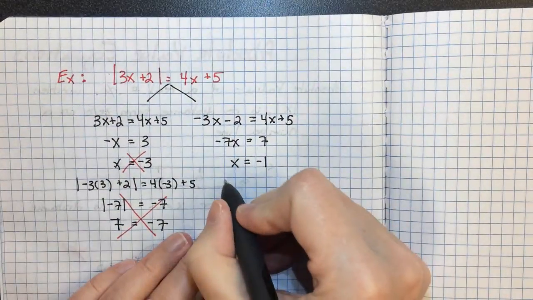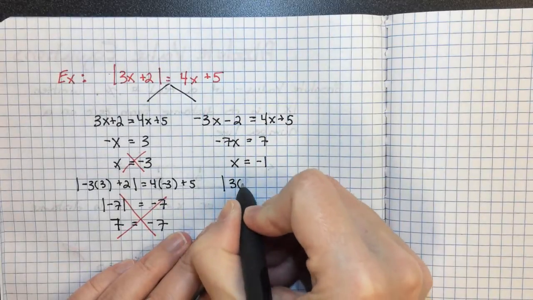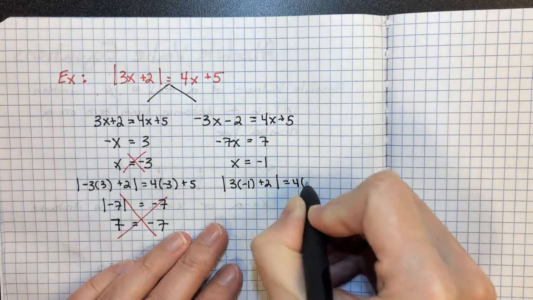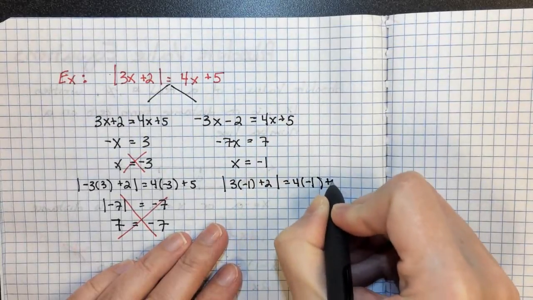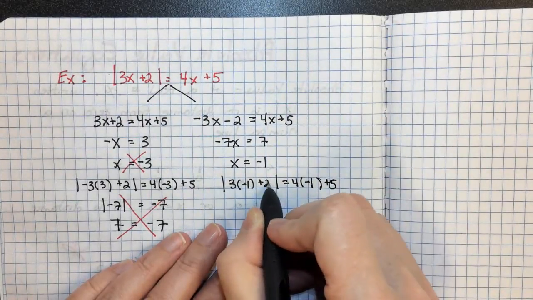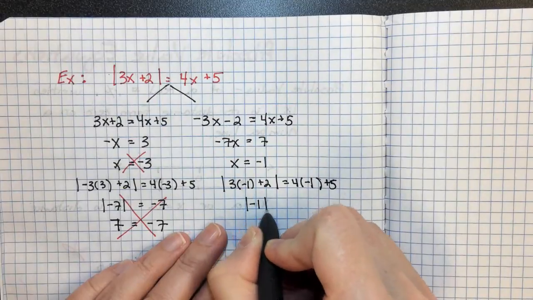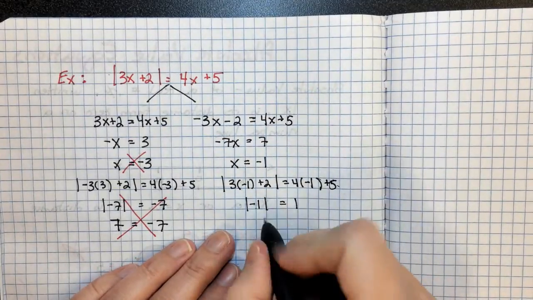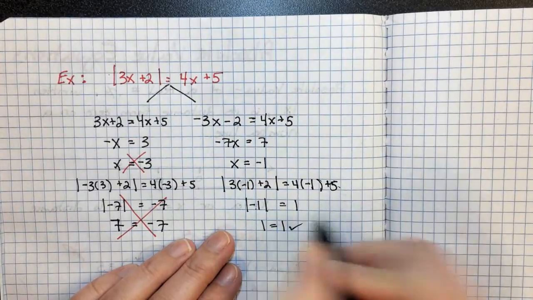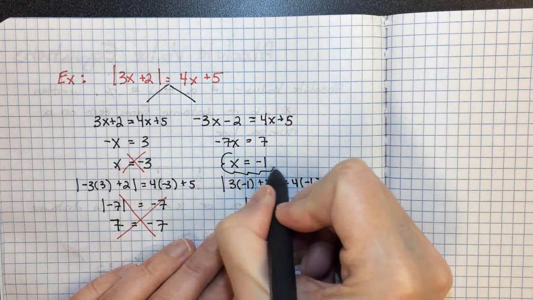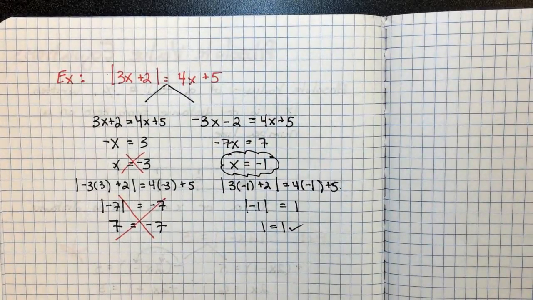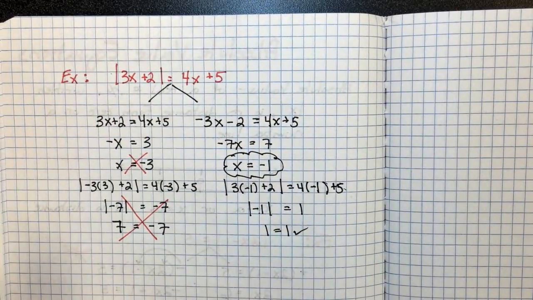Let's try negative 1. The absolute value of 3 times negative 1 plus 2 equals 4 times negative 1 plus 5. Negative 3 plus 2 is negative 1. Negative 4 plus 5, that's a positive 1. Absolute value of negative 1 is 1. This works. This is my answer. Notice that every problem we've done, I have checked.